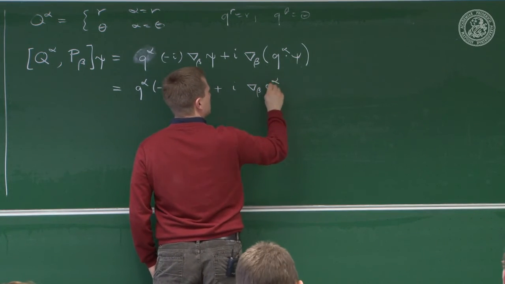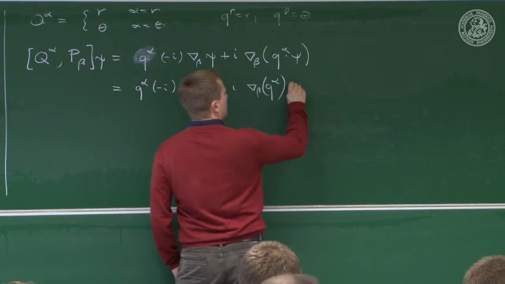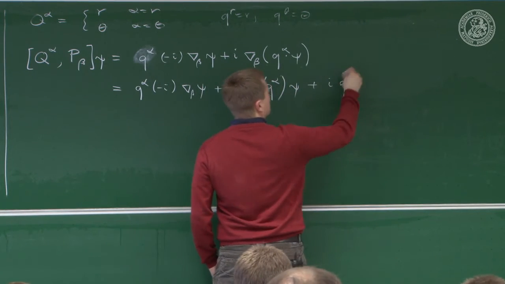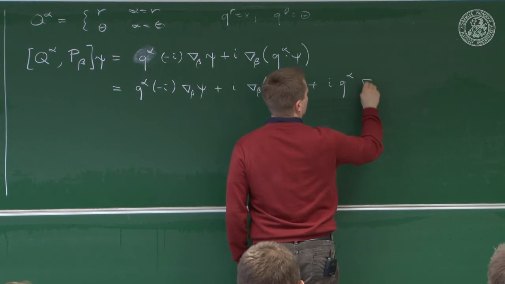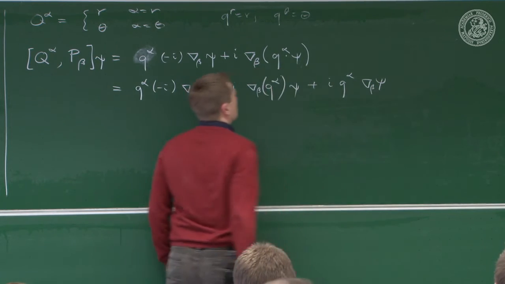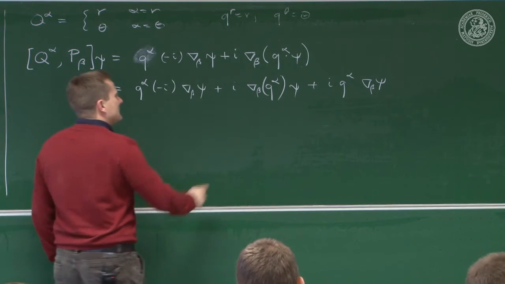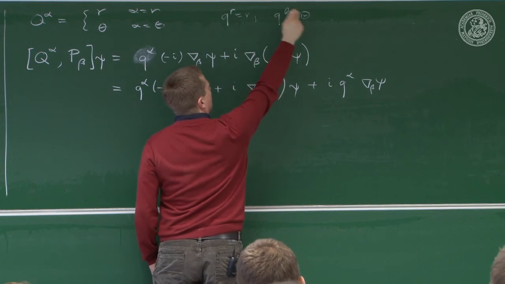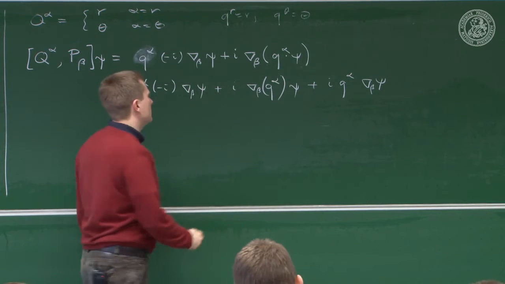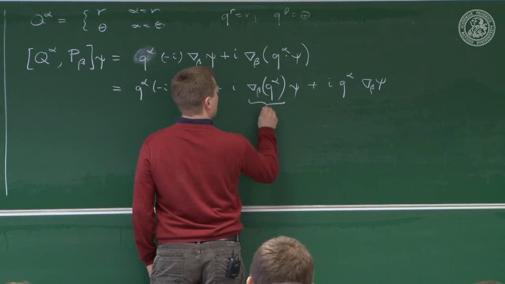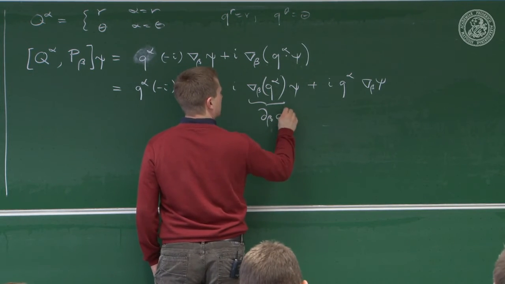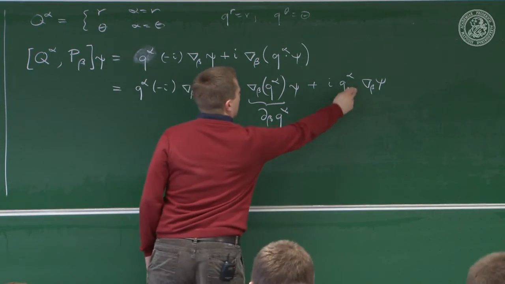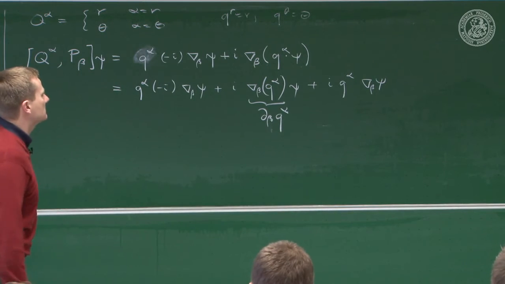It first acts on this guy, and this guy is unchanged, plus i, this guy stays there with a tensor product, if you want, and it takes this form. But now, because r and theta are coordinate functions on the manifold, this simply becomes a del beta q alpha, right? Whereas this guy stays what it is.